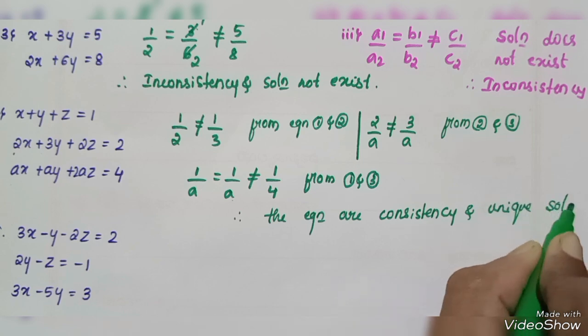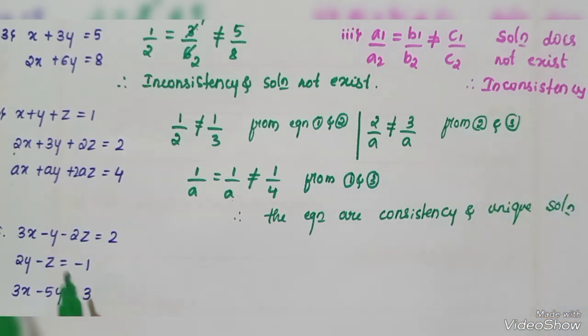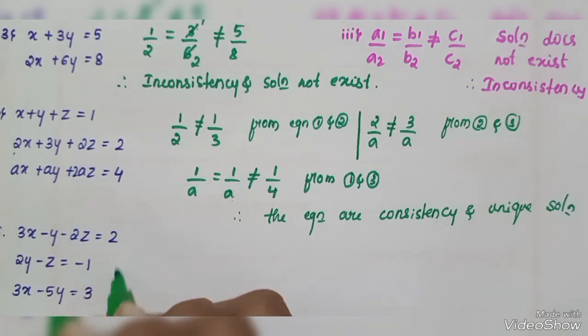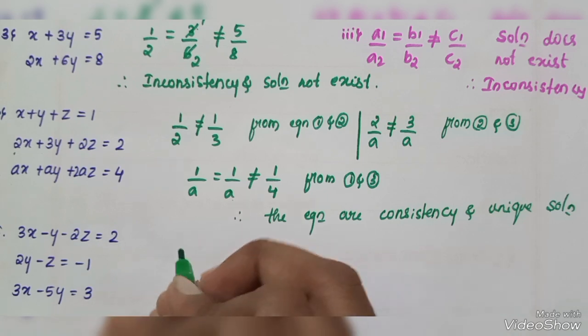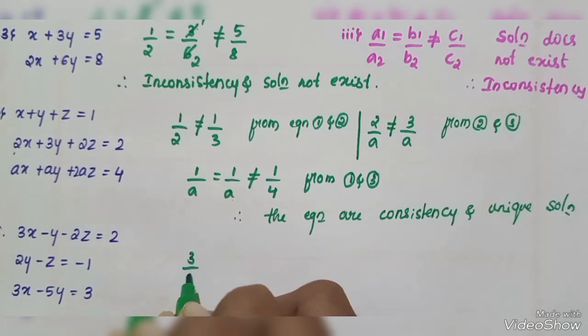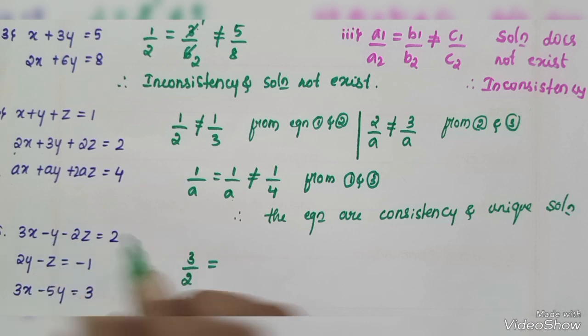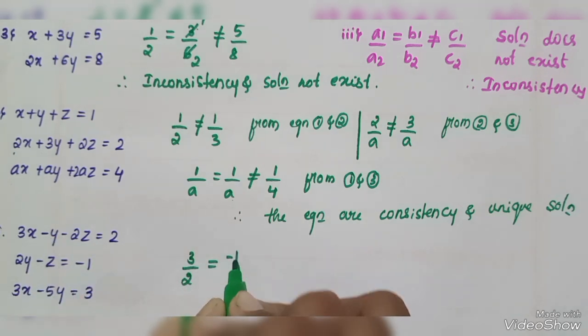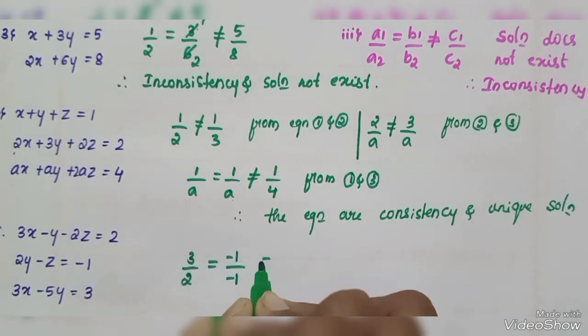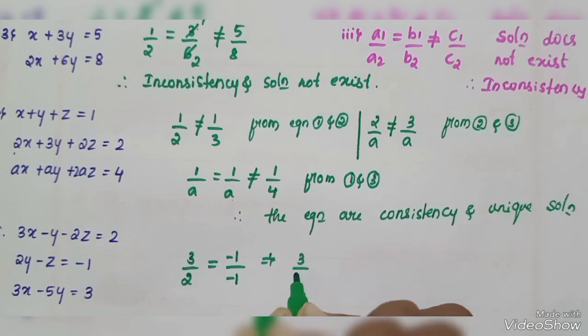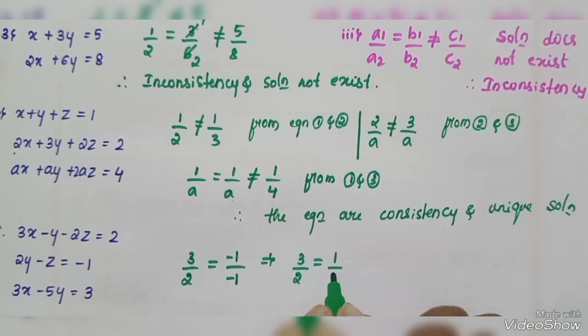Okay, next we have to consider question number 5. Here I am just taking the first and second conditions. 3 divided by 2 is equal to, here y by z, that is minus 1 by minus 1, it becomes 3 by 2 is equal to 1 by 1.